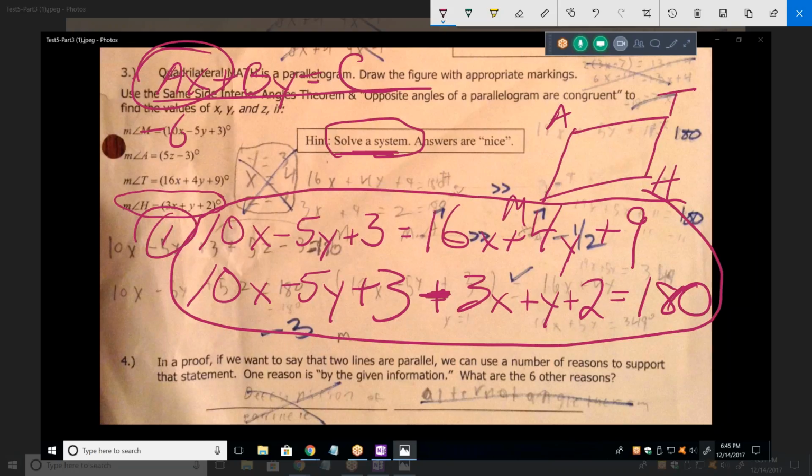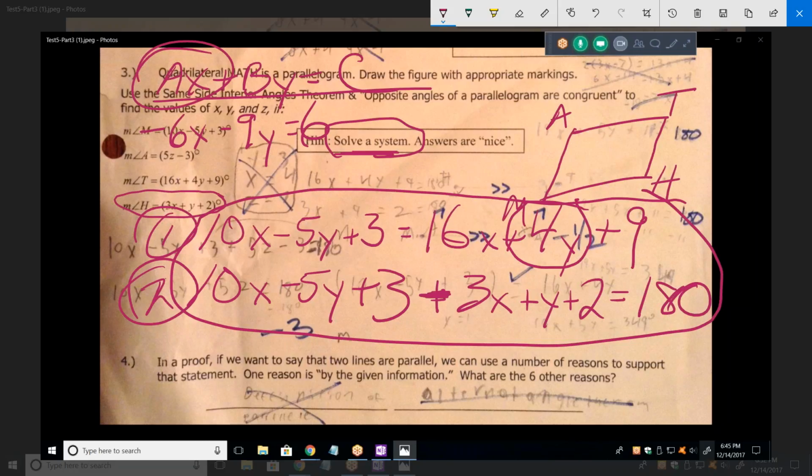Minus y, minus 9y. You see why? I'm bringing that 4y to the left side, so I've got to change its sign. I'm subtracting 4y from both sides. And then the numbers all go on the right. So I've got equation number 1 in standard format.